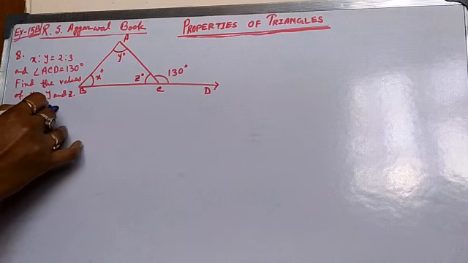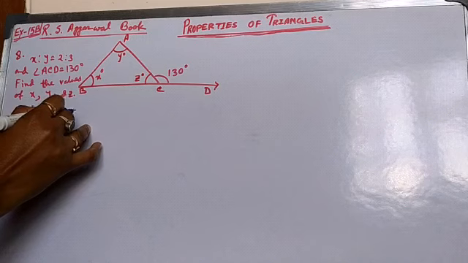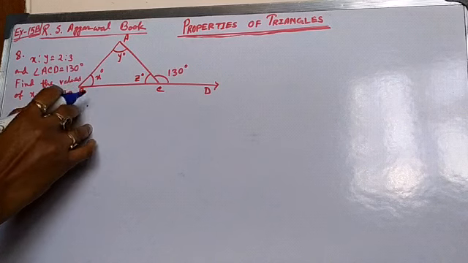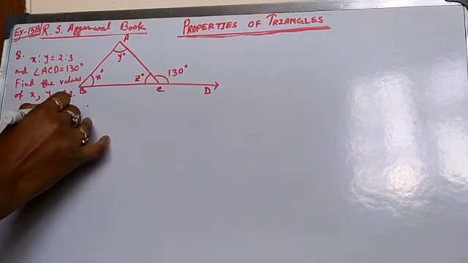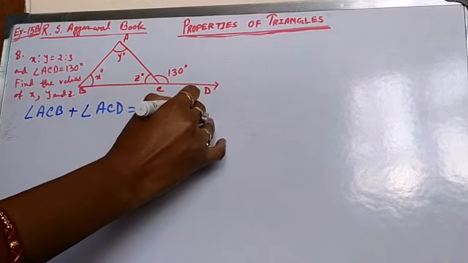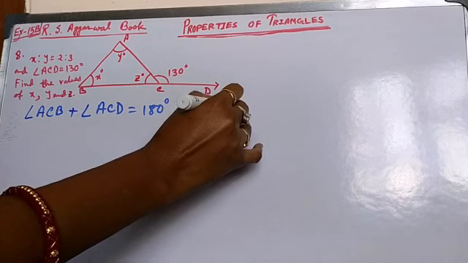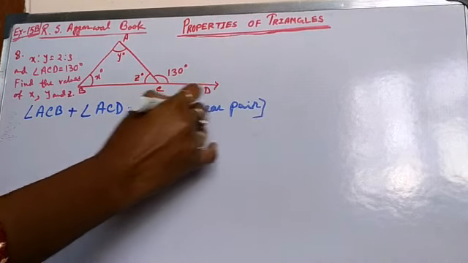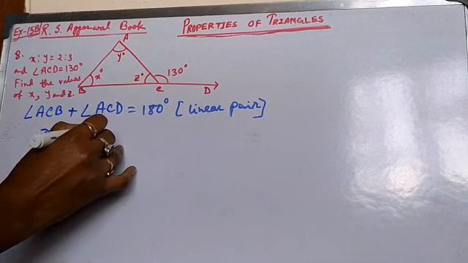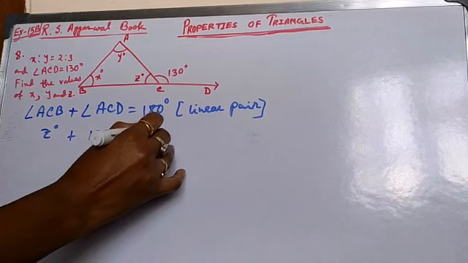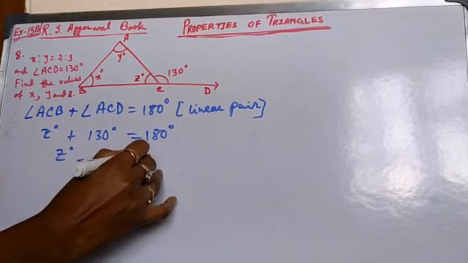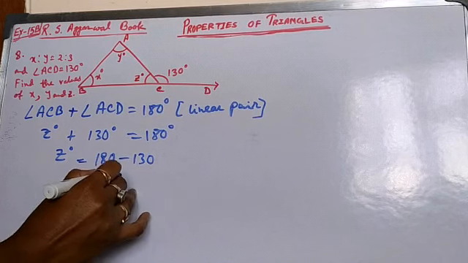Angle ACB plus angle ACD equal to 180 degree, that is linear pair. ACB means z degree plus 130 degree equal to 180 degree. So z degree equal to 180 minus 130, that means 50 degree.